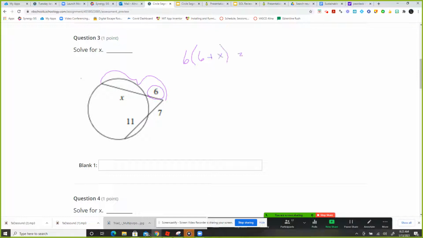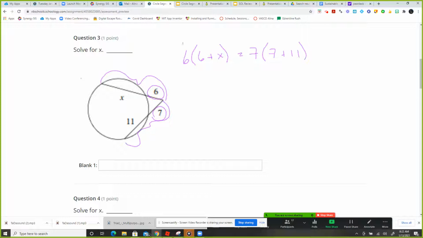And then I go over to my other side and do the outside times the total. So what do I multiply the 7 by? Would it be 7 plus 11? It would be 100%, 7 plus 11. Fantastic.